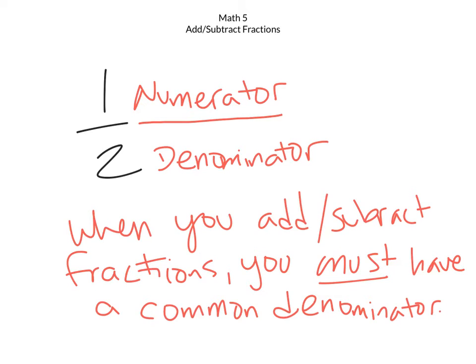Okay, when I say common denominator, what does that mean? Common denominator means the bottom numbers of the two fractions have to be the same in order to add the numerators. That's okay. So let's practice one of these.